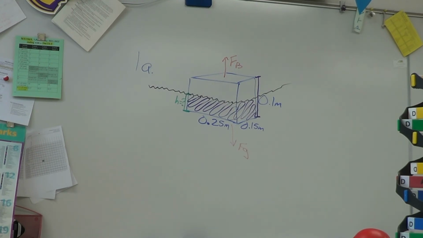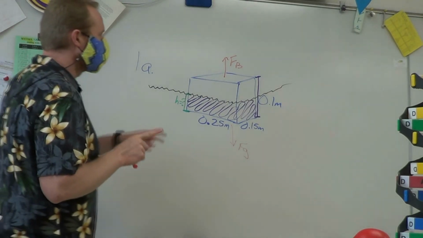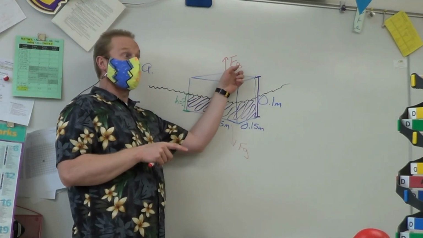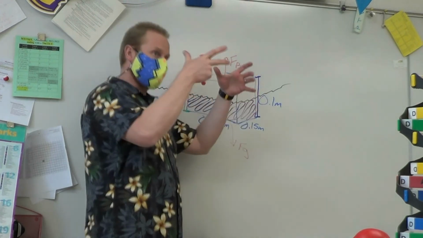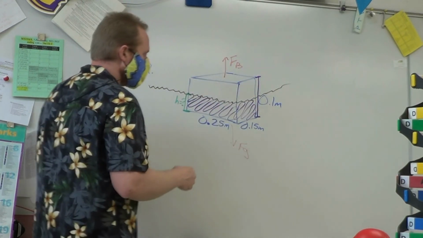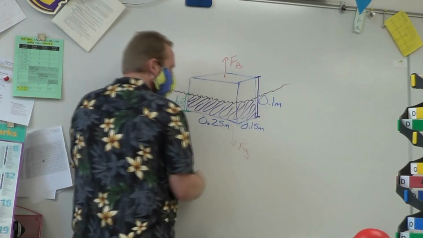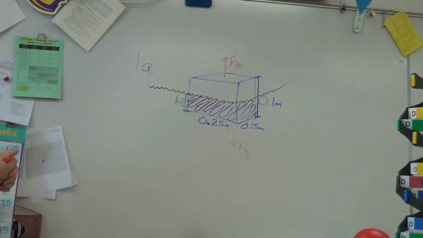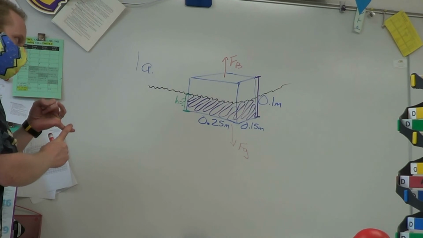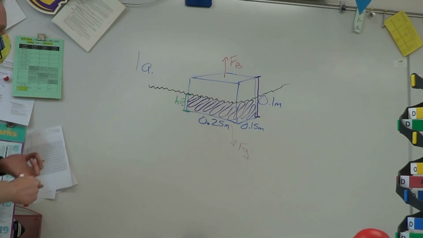No. Their weight didn't change. Their F of G is the same. The difference is I have this nice buoyant force in the pool that's helping lift my friend up. That's important. This F of G is the same whether you're floating, sinking, or on land. Your weight is dependent upon your mass and the gravitational acceleration, and that's it.